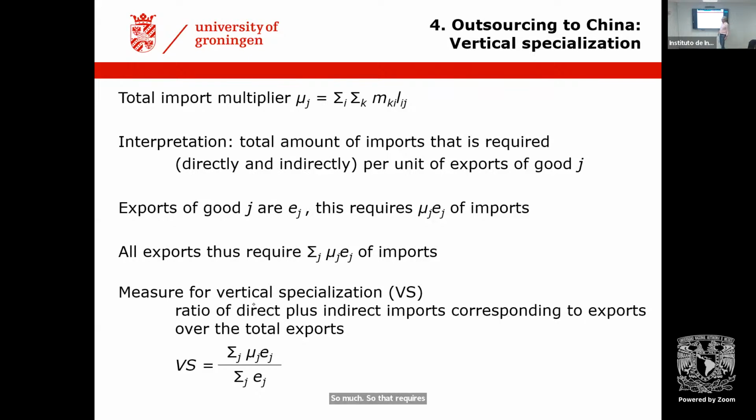So all exports, take the summation over j, and you have all the imports that go into all exports. That is the measure of vertical specialization. All the imports that go into the exports as a percentage, as a ratio of the exports. And that was, in the example, $207 per $1,000 of exports.